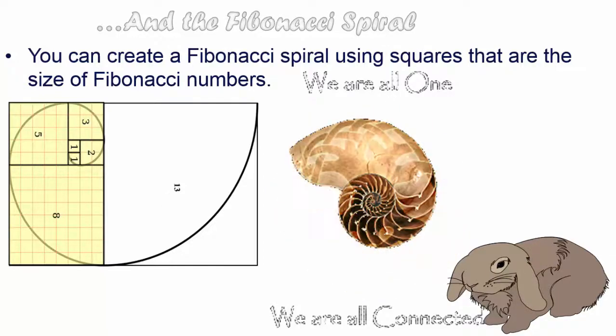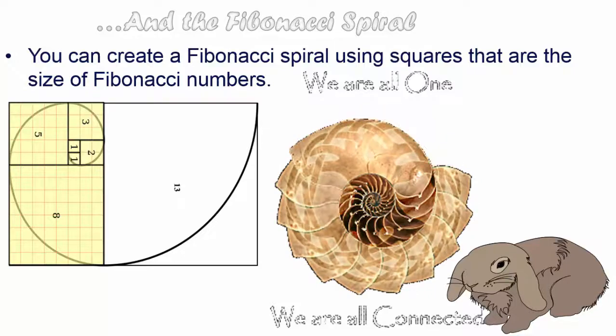So let us go over to the whiteboard and show how we could do this. Now that we talked about the Fibonacci sequence, we're going to talk about what's called a Fibonacci spiral, and construct one with the understanding that we have now of a Fibonacci sequence.